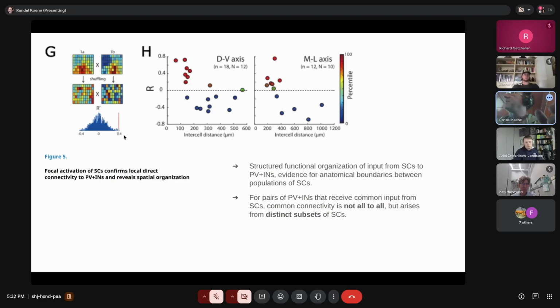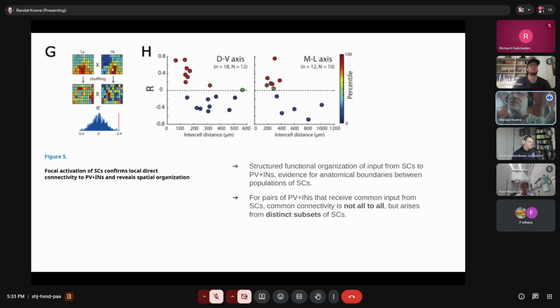You can see it's a pretty clear difference here. And then in figure H, we see the Pearson correlation by distance, and the distance along the bottom. And we see that it's much stronger at shorter distance, and that pairs with strong spatial correlations typically have higher temporal input correlations, whereas pairs with low temporal input correlations also have low spatial input correlations.